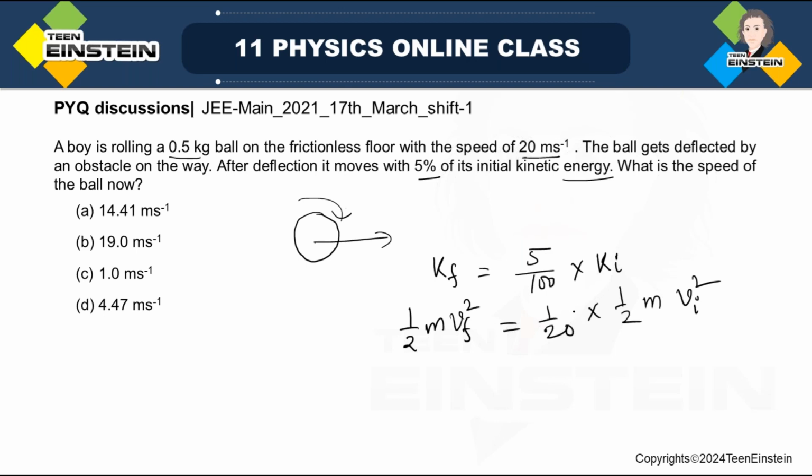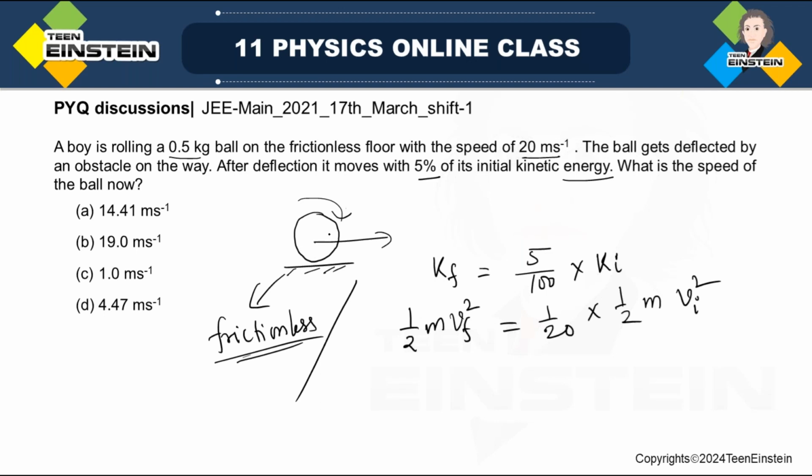Okay, so you might be thinking I was talking about rotational kinetic energy and translational kinetic energy, but why am I writing only translational kinetic energy? This is because the floor is frictionless. When there is a frictionless floor, there is a chance to slip.